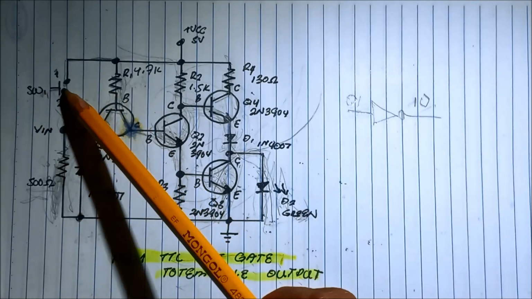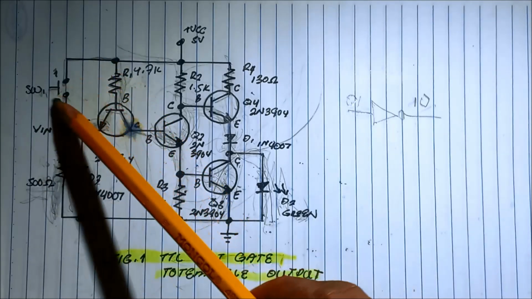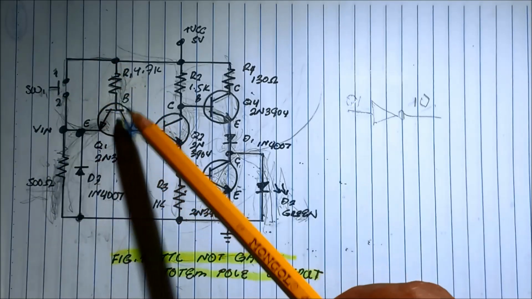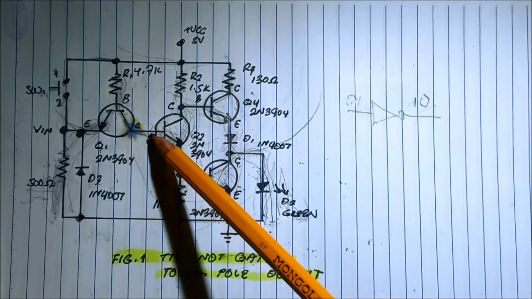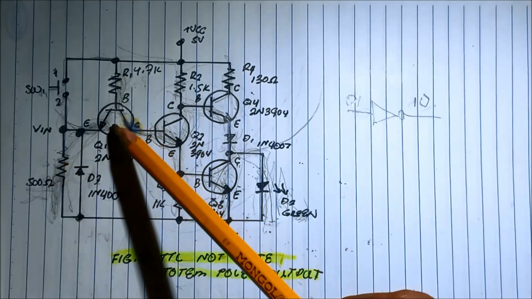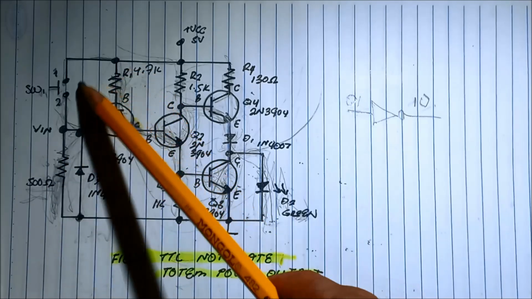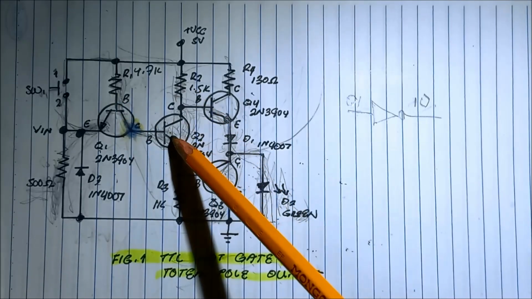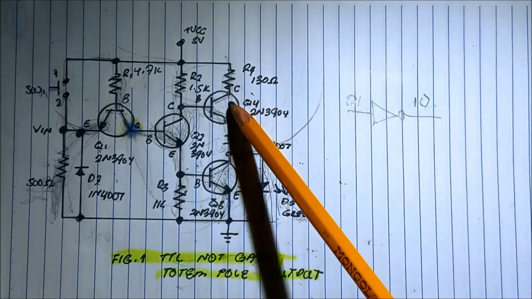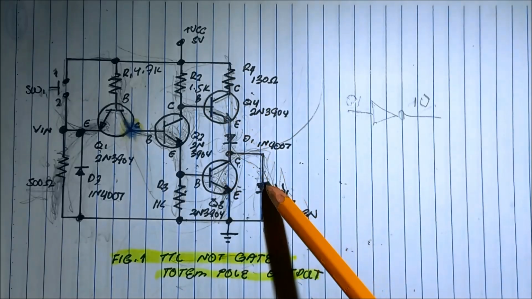And then when you press the switch, it will go into the different direction. The steering function of the diode or the reverse active mode of the transistor. It will flow into the base of the collector, switching this on. If this is on, now this is off. This is off. This is also off.